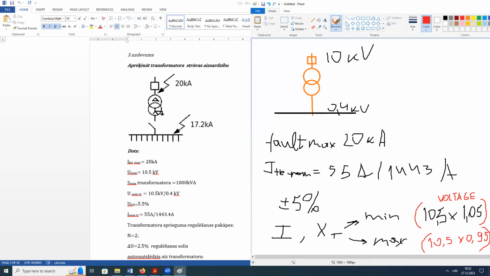That's why there is a difference. The transformer nominal power, I forgot, but I think it is clear.